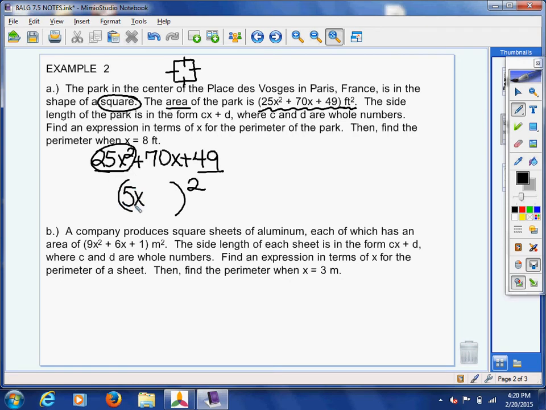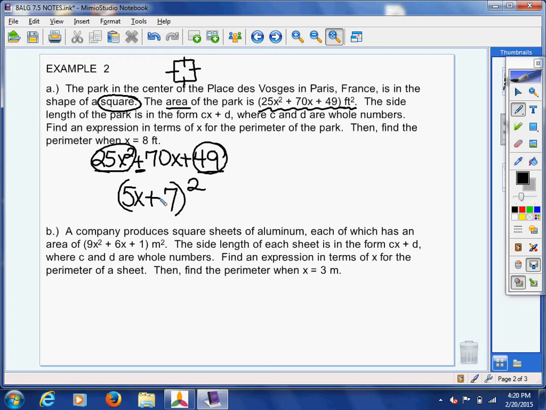You're right, 5x. Let's go here to 49. What did I square to get 49? If you wrote 7, you are absolutely correct. 70 in the middle, it's positive, so I'm going to write a plus sign here. Beautiful. That looks great. You just factored that trinomial, and it was a perfect square trinomial.